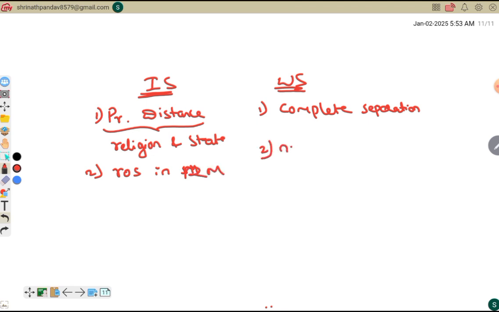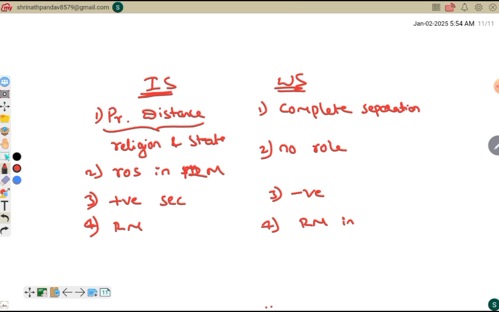Here, there exists no role of the state in religious matters. The Indian concept is termed the positive concept of secularism, and Western secularism is the negative concept. In Indian secularism, the state can aid educational institutions of religious minorities, but here the state has no role to play in the religious minority in education. So these are the differences between Indian secularism and Western secularism.